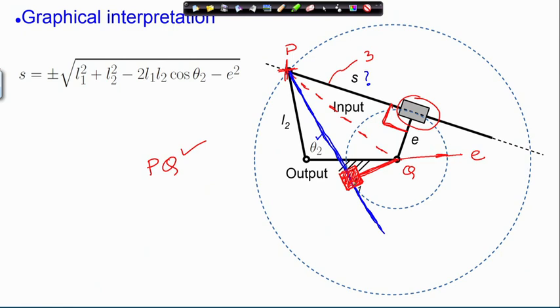Now, here you will notice a subtle thing. What has happened? In the black configuration, S was on this side, the positive side. In this red and blue configuration, this link must be extended to this side and brought here. It is on the other side. The hinge has to be taken to the other side.